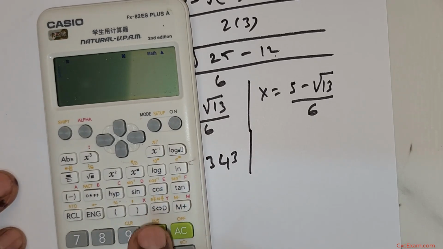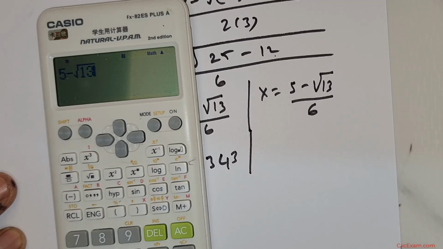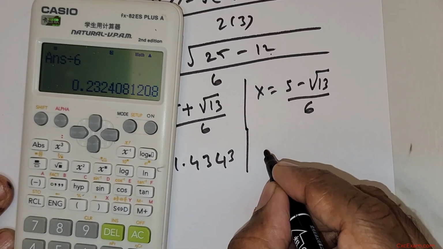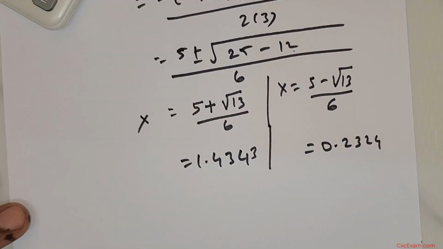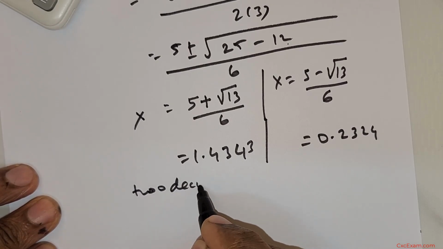Next is 5 minus root of 13. This is divided by 6. What is that? 0.2324. Now the answer has to be given to 2 decimal places.